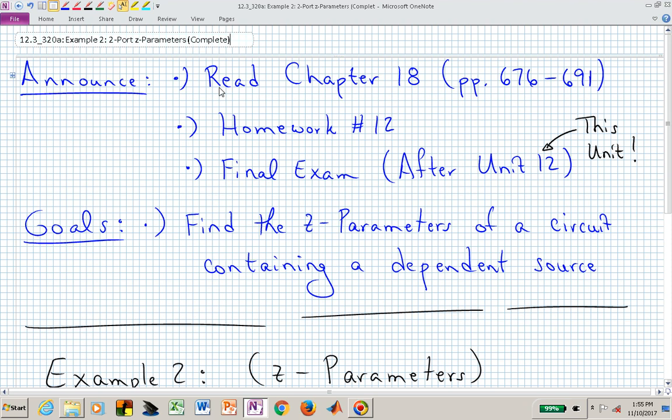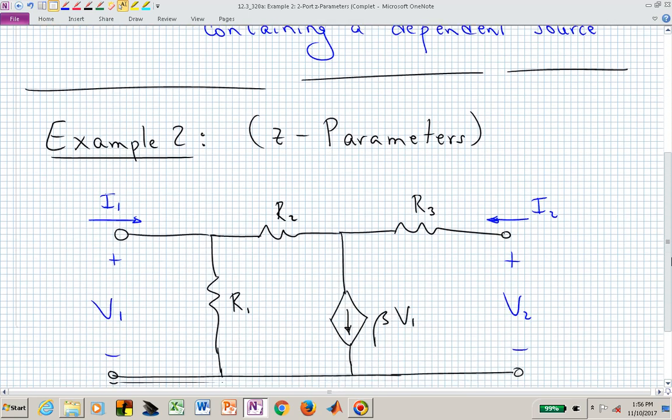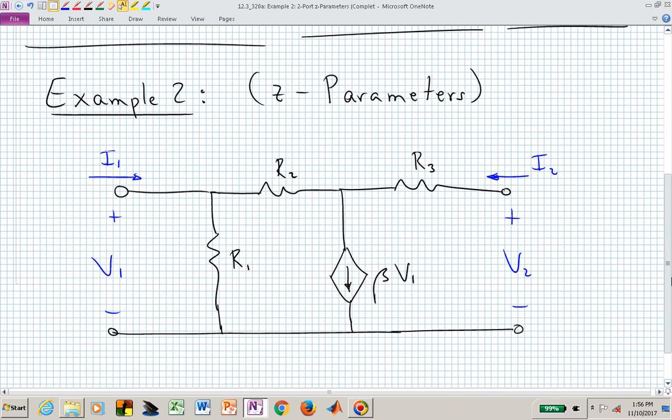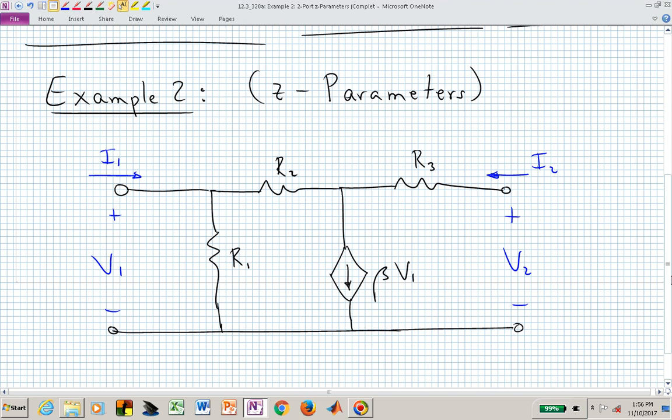In this particular video, what we want to examine is a circuit that contains a dependent source and illustrate, maybe not going through all the details, but at least setting up the problem so that you could find the 4 Z parameters associated with a circuit that now contains a dependent source.